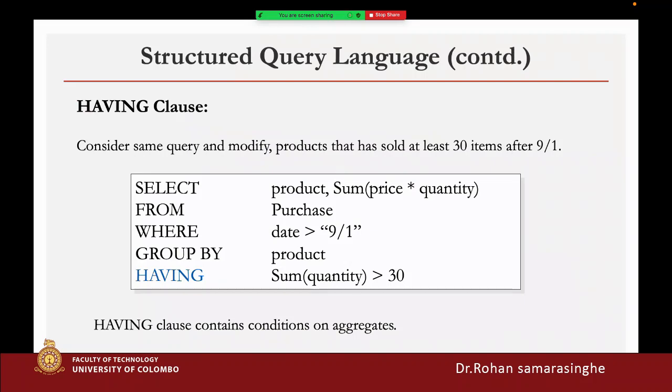Group by product, then you can see the groups apple and banana, having this condition: sum of quantity.